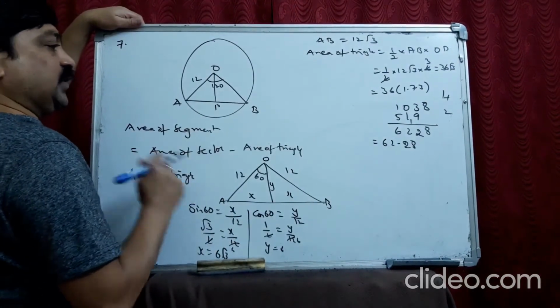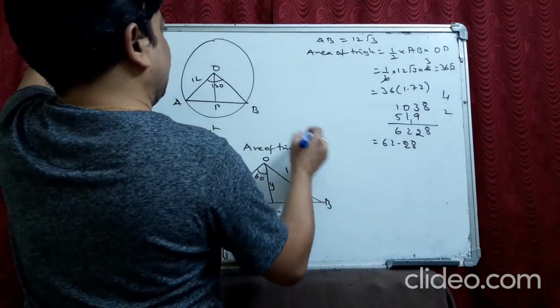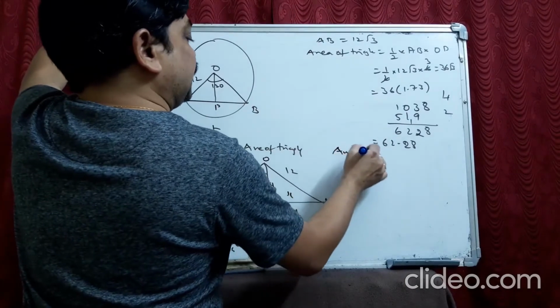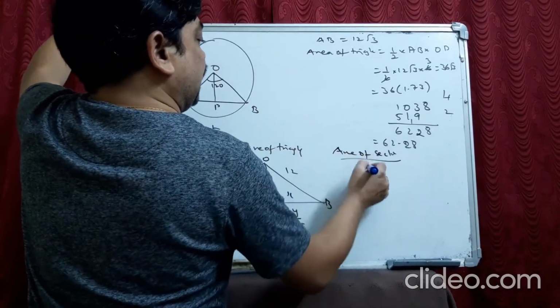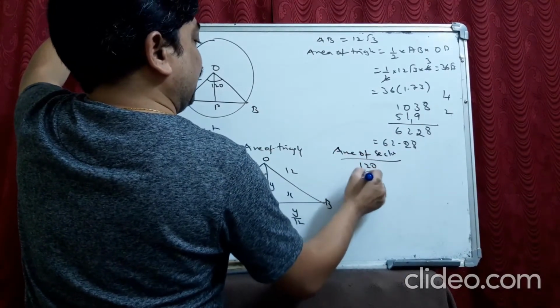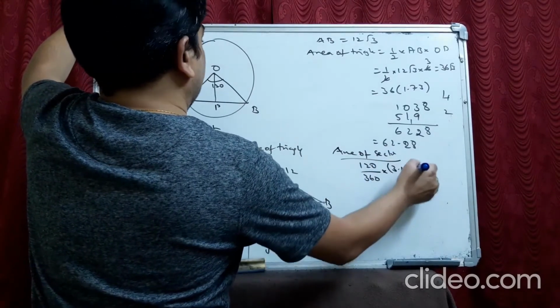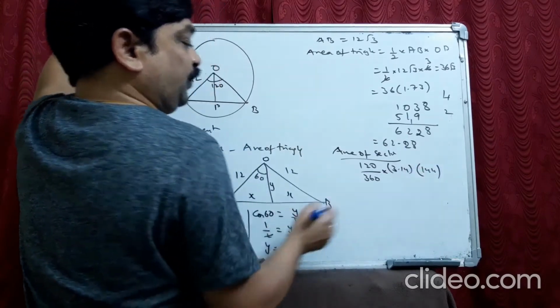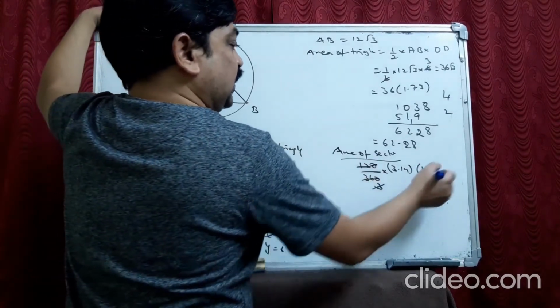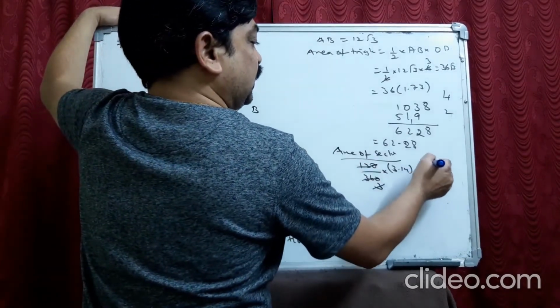Let us find the area of the sector also. Area of sector is theta by 360 into pi r square. 120 by 360 into pi. Pi is 3.14 into r square, 144. This becomes 3, 3 4s are 12, 48.